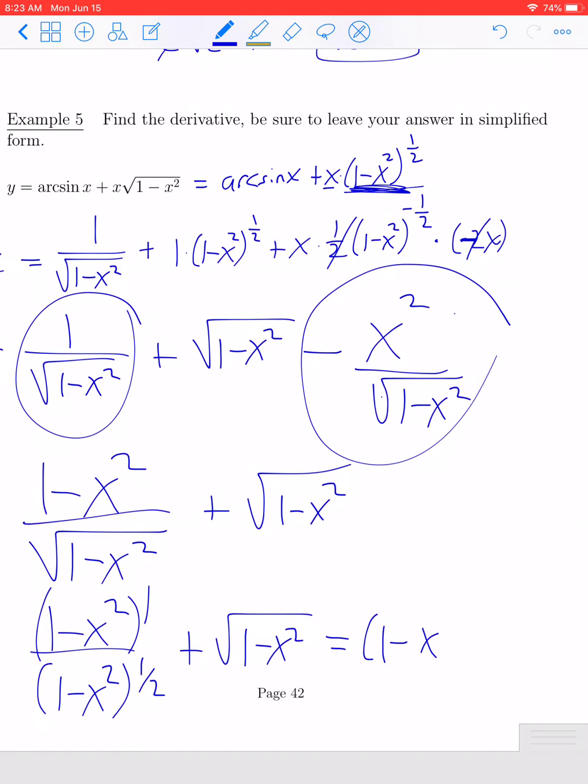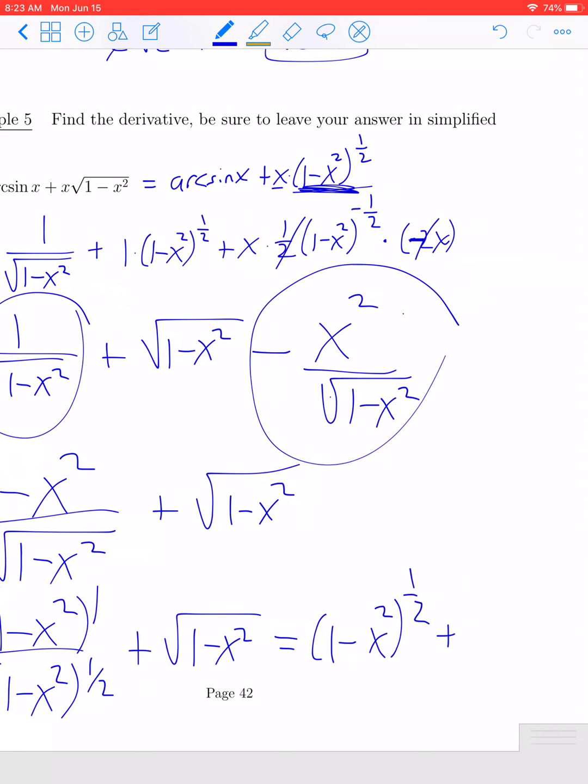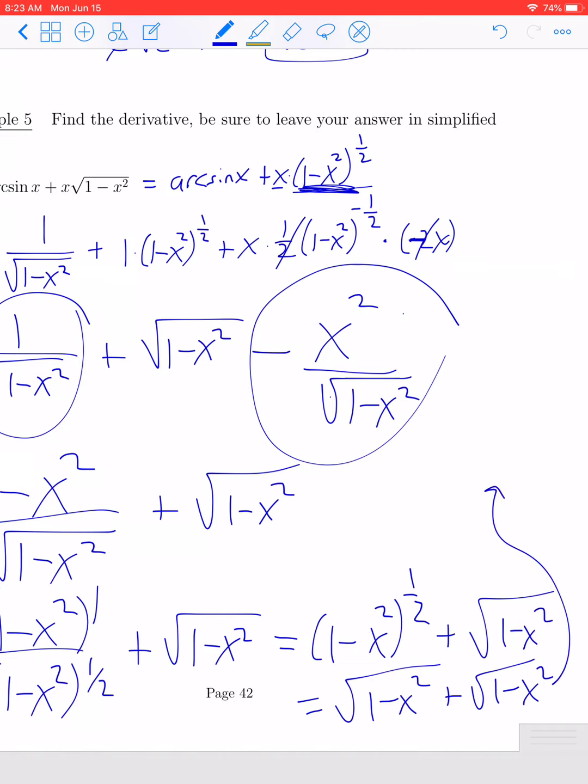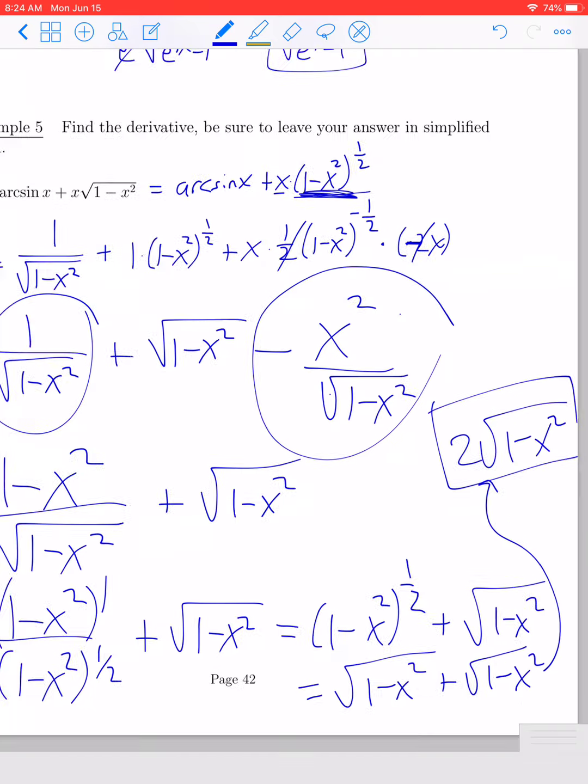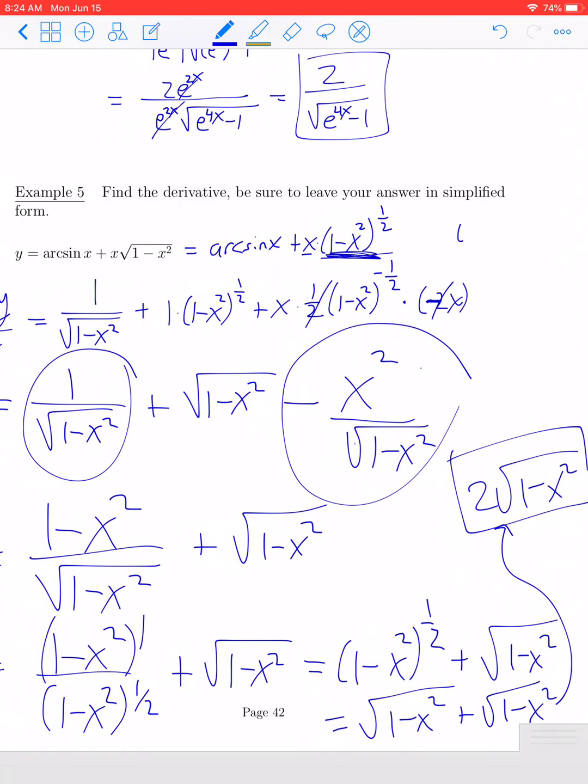So this is 1 minus x squared to the 1/2 power plus the square root of 1 minus x squared, which is essentially the square root of 1 minus x squared plus another square root of 1 minus x squared. And when we combine those two, we get 2 square roots of 1 minus x squared. So the derivative of this function, y prime, is equal to 2 square roots of 1 minus x squared.